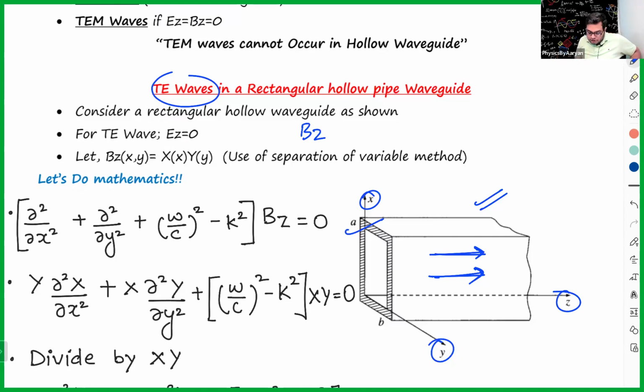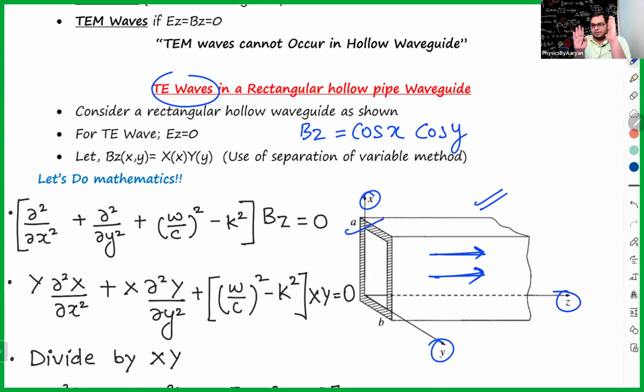Now Bz is a function of x also, and it is a function of y also. So Bz will depend upon x also, and Bz will also depend upon y also. Here we use a separation of variable method. We say that Bz has some x part and Bz has some y part. For example, let's say cos x into cos y.